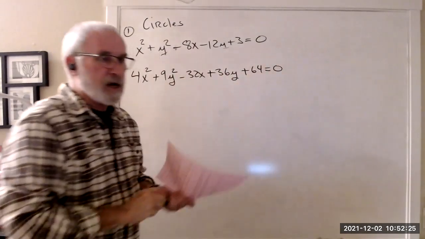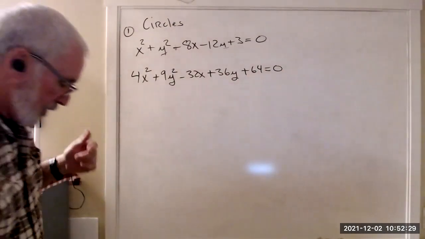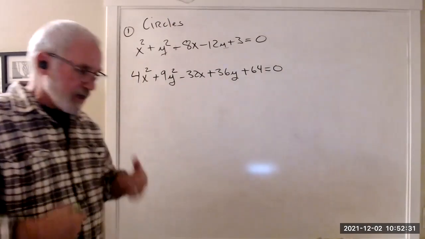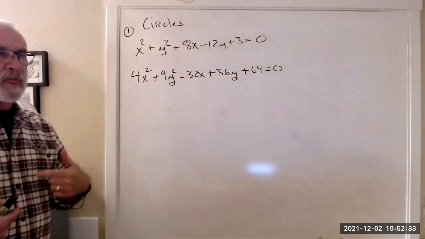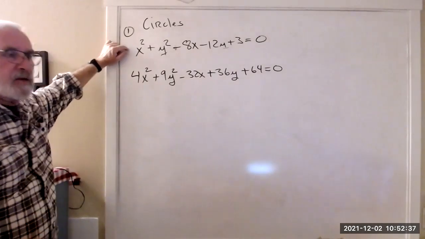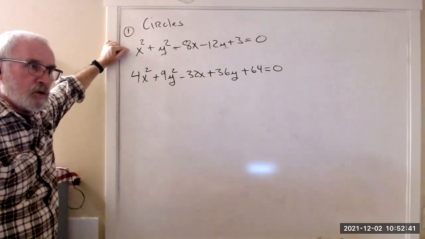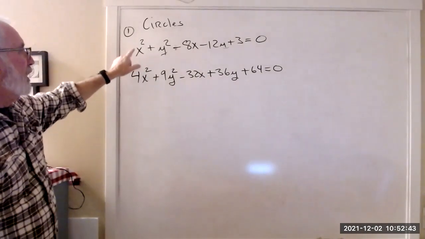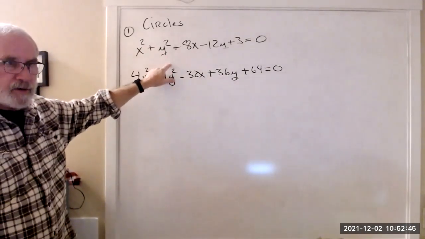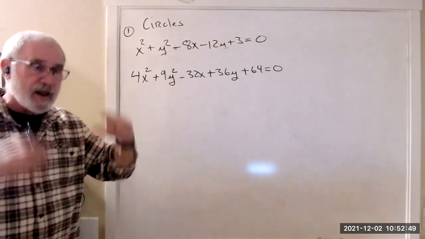Now, before I pause the recording and let you guys go to work on this, I mentioned last night, and I want to keep hammering this. The top problem, I can tell by looking at it that it's a circle. It's a circle because it's got x squared plus y squared. That's the key feature, x squared plus y squared.